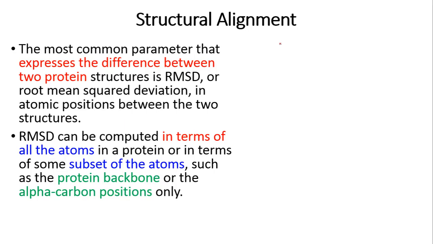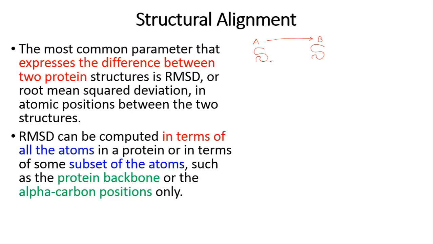Say, for example, you have a protein A and a protein B, and protein A has a structure like this, and your protein B also has a structure that is similar to protein A. Now you can ask the question: is protein A structurally similar to protein B or not?